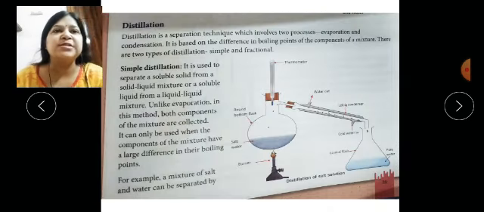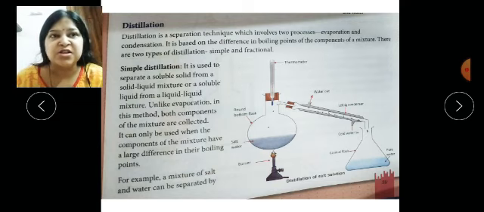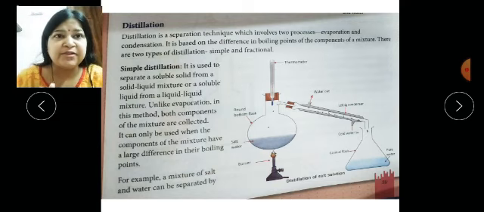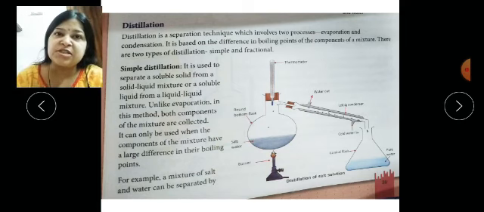As I said, it is a combination of evaporation and condensation process, and it works on the principle of different boiling points of the mixture. It can be simple distillation and fractional distillation. Now I will show you the simple distillation. Through this method we can separate salt and water, salty water, which I explained in the evaporation method.